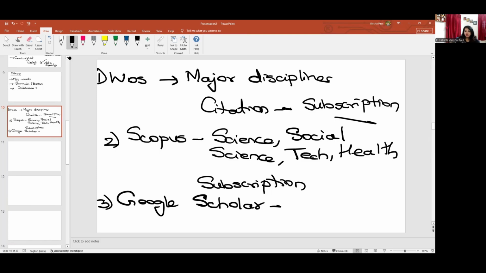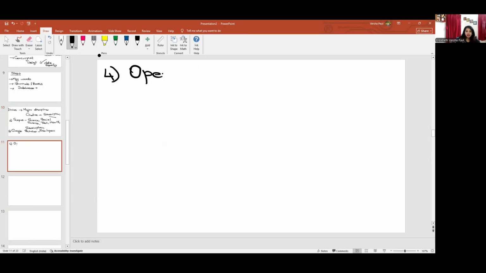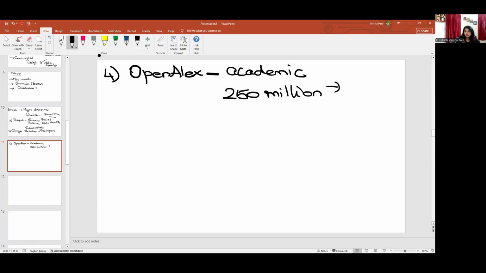Google Scholar is always free and open, where you get a lot of details with the referencing styles as well. Then there is one with almost all academic disciplines involved, and trust me, they have almost 240 million scholarly works. This is also free and open. You can have a look at it.